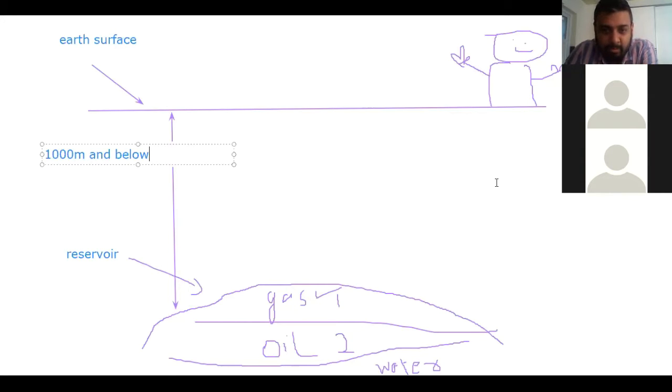Now, the first point is that not all of the Earth is oil reservoirs. So who finds out this place first? This is the question that comes in. We have the geologists and the geophysics engineers.